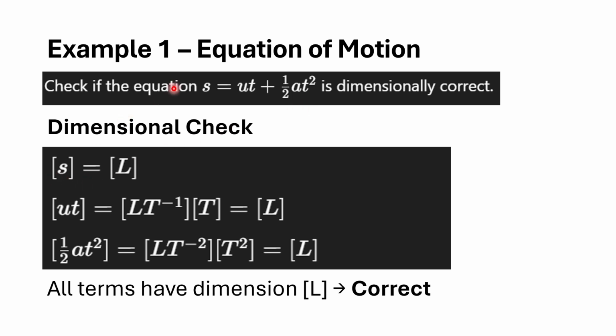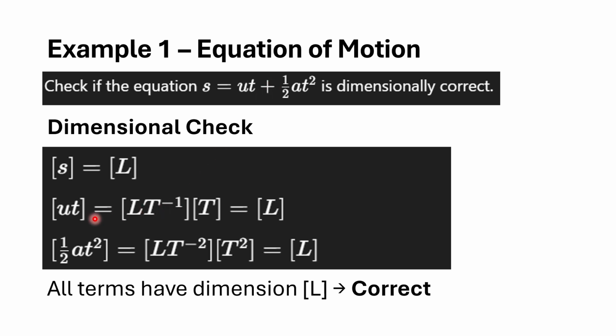Let's start with the left hand side of this equation, that is only s. s shows distance, and distance is dimensionally measured with L, the length. So this term is equal to length. Now let's move to the other two terms.